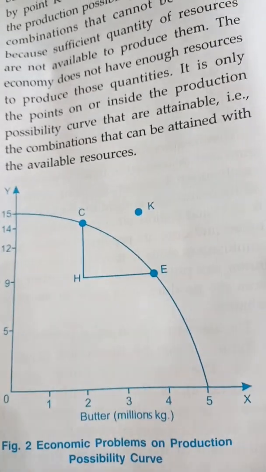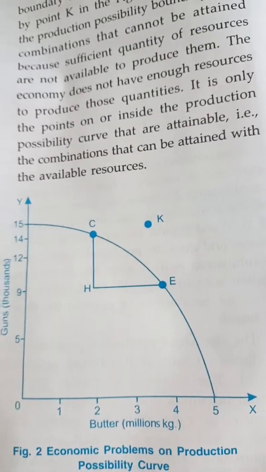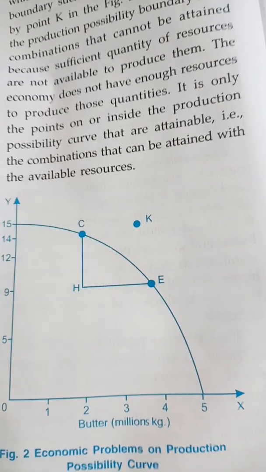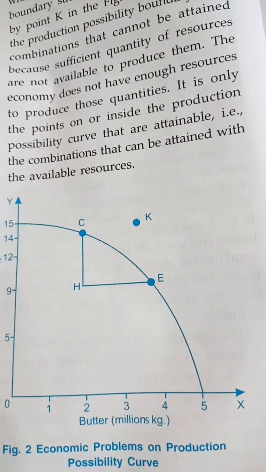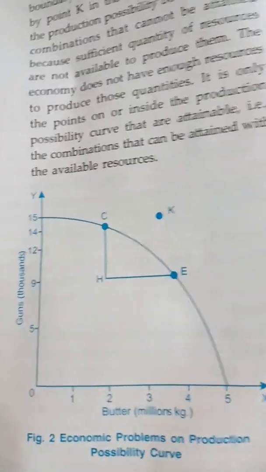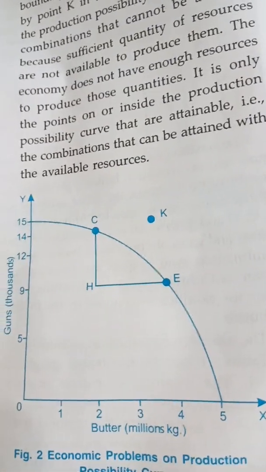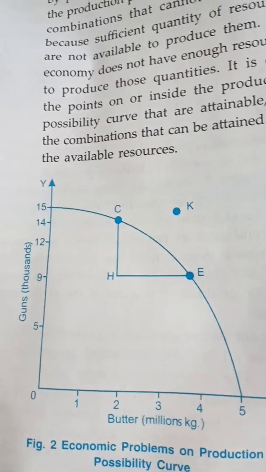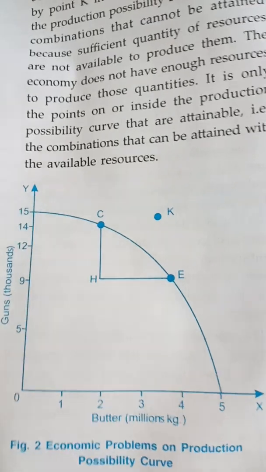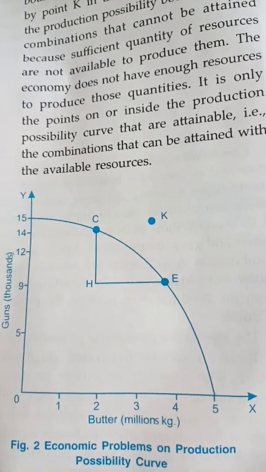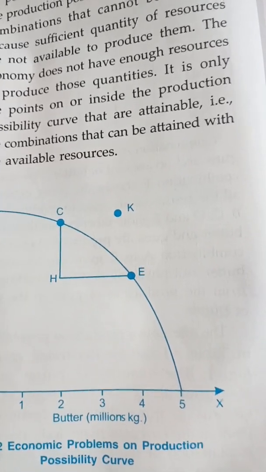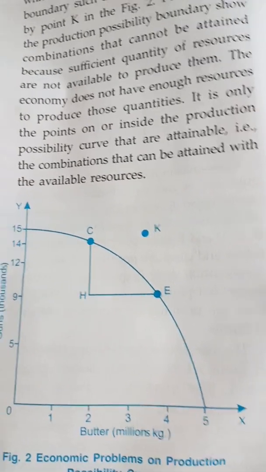Both the goods, guns and butter, whether it's point C or E. But how much of guns, how much of butter? The problem of choice is related to this.